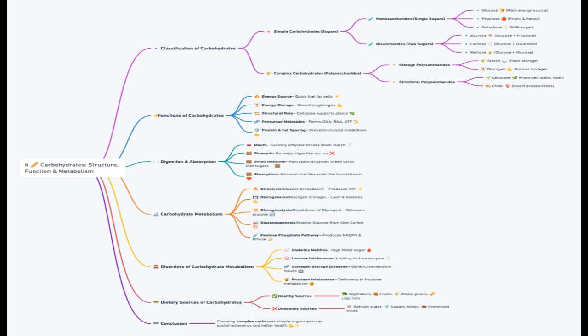The number of monosaccharide units is 50 to 5,000. Amylopectin is also a homopolysaccharide. You have alpha 1,4 glycosidic bonds with alpha 1,6 branches every 24 to 30 residues, and the number of units is up to 10 to the power 10.